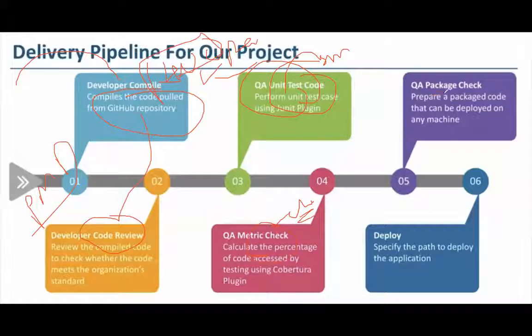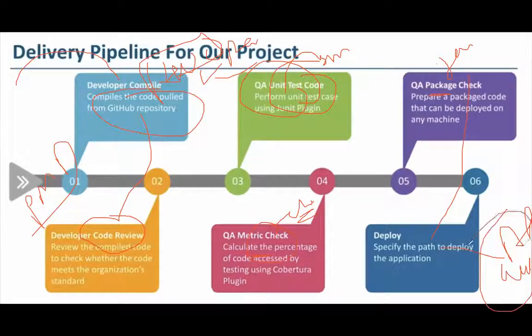And package is very important. Package is nothing but all the code, all the 400 lines, put into one extension. It might be .war, .jar, or .yar. All the code will be put into one extension. Then deploy will pull that extension and deploy it into your application server or web server.